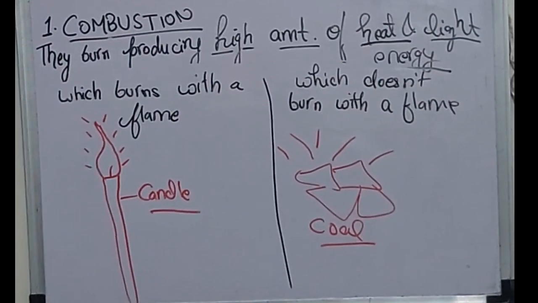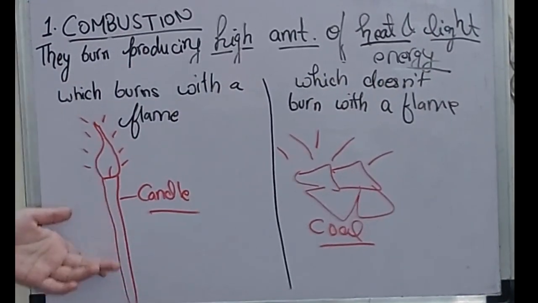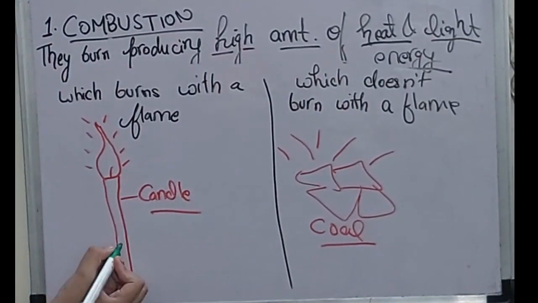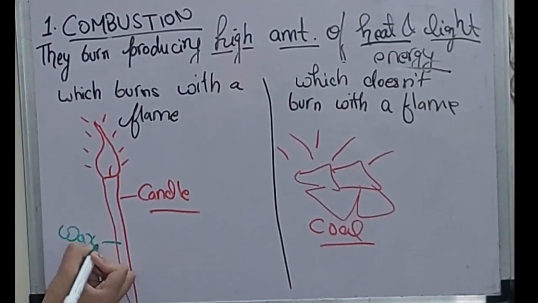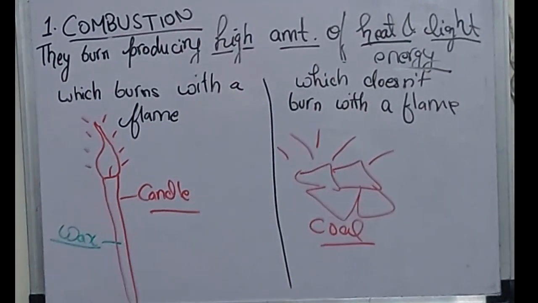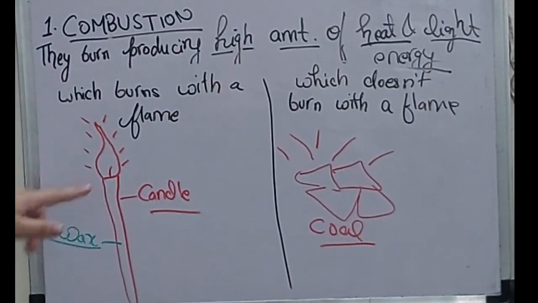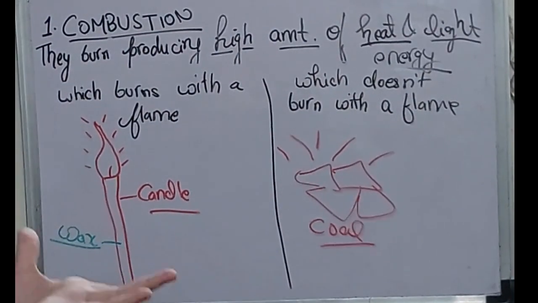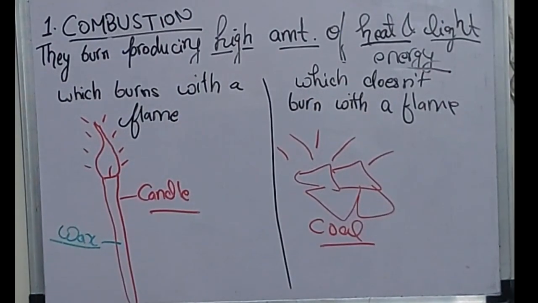तो आंसर है इसका, this candle ये किस चीज से बना होता है? It is made up of wax. तो जैसे ही you lit the candle, wax starts melting, and ये जो melting of wax होती है इससे कुछ vaporize होता है. Let me just tell you line by line.